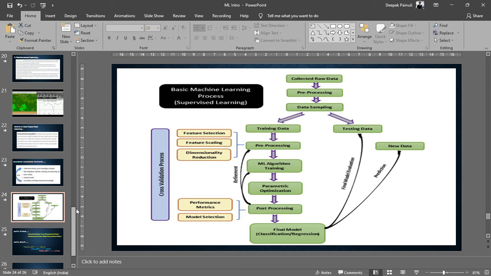After splitting our data into training data, we will pre-process our training data again, like which features we have to select and which features need scaling.